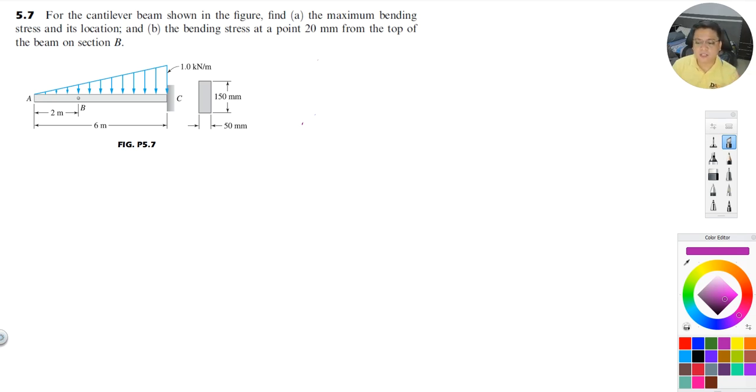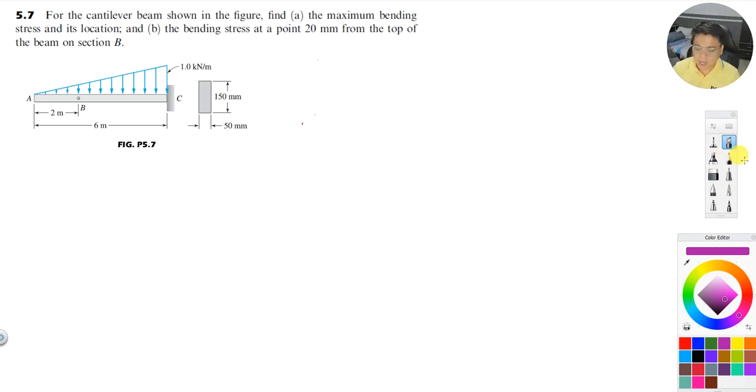Since ang tinatanong is the maximum bending stress, walang sinabi kung tension or compression, either of the two. Kung alin yung mas malaki yung value sa dalawa, iyon yung kukunin natin. Okay? So, it comes up to the point na dapat ang makuha natin is the maximum moment. Okay? So, with this, i-check natin definitely for maximum bending moment.